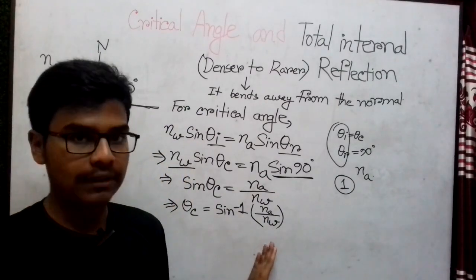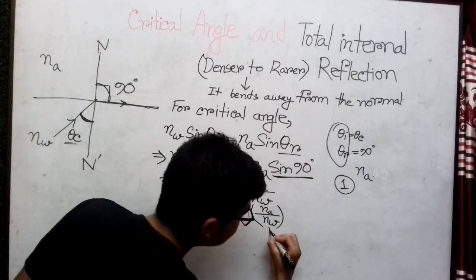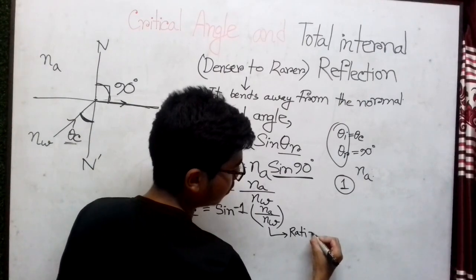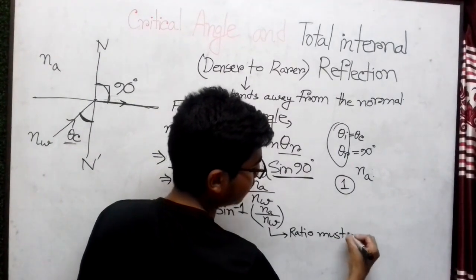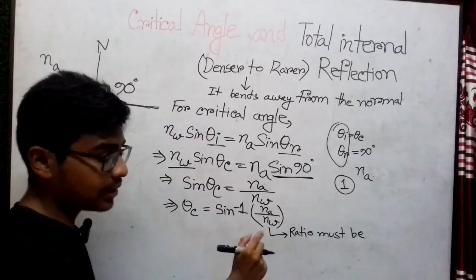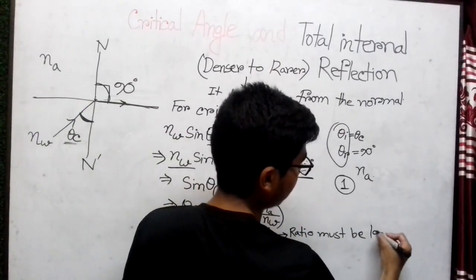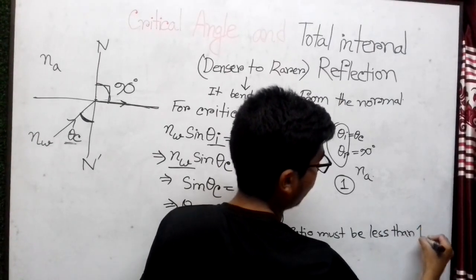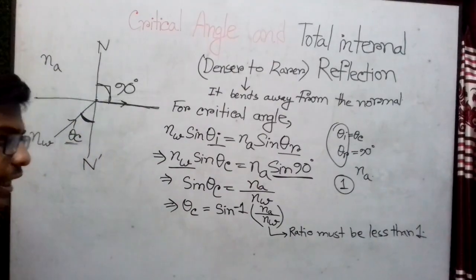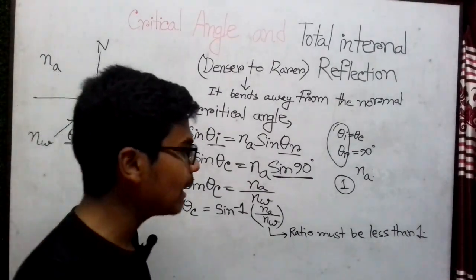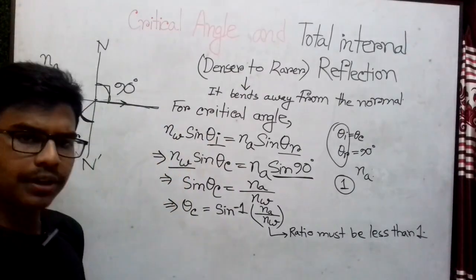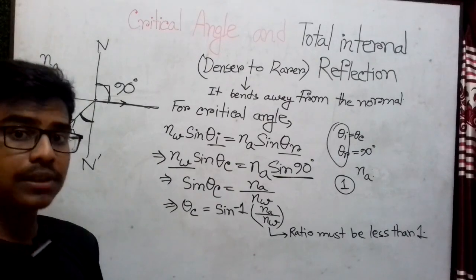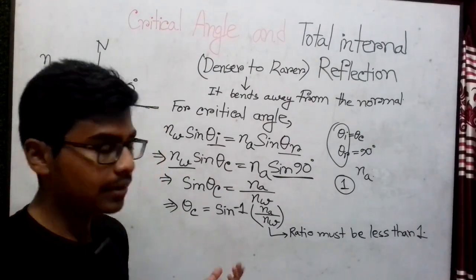Okay, so this is the value, and yes, this ratio must be less than 1. Because if the value is more than 1, then when you calculate it, you cannot find this value in the calculator. It will just show a math error.